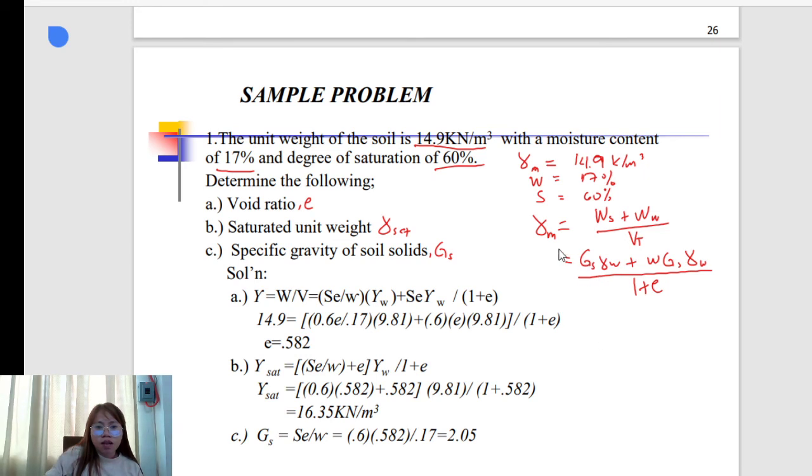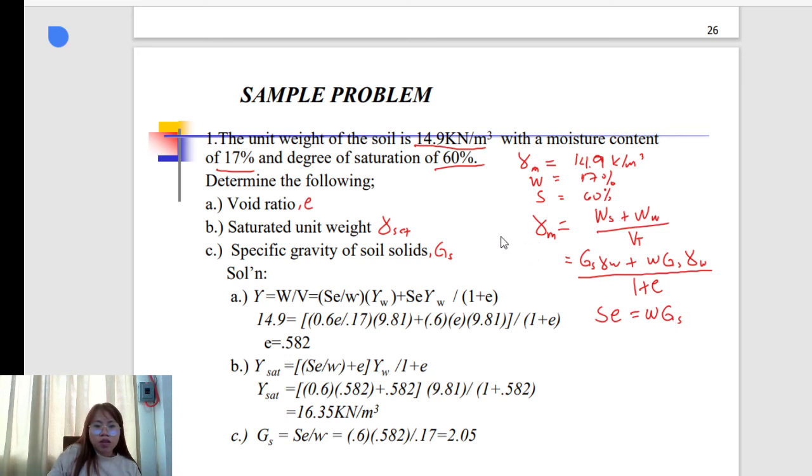But remember this equation: degree of saturation times void ratio, SE, is equal to moisture content times specific gravity, di ba?